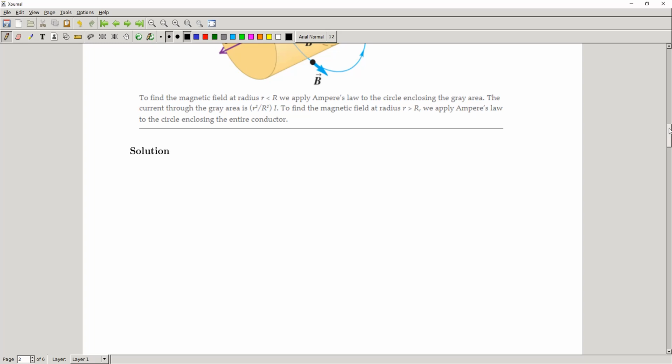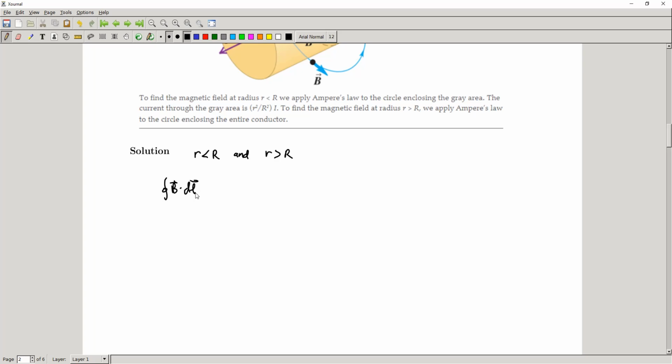I'm going to skip over doing the integral, but maybe this is too much of a simplification. Let me actually write out the integral and then quickly reason why we can do this. This is Ampere's law.